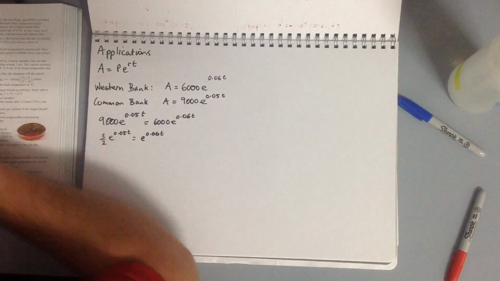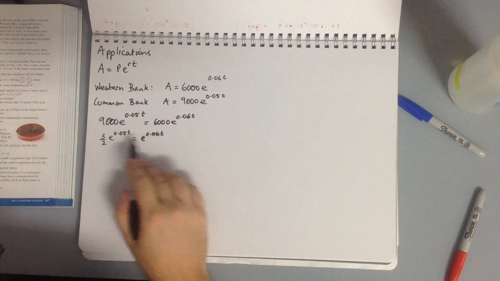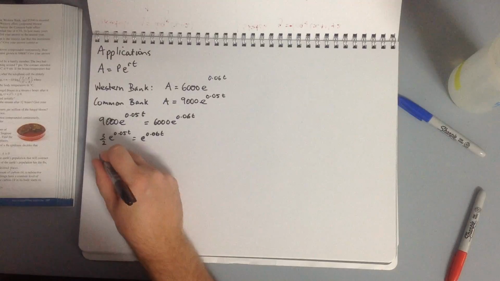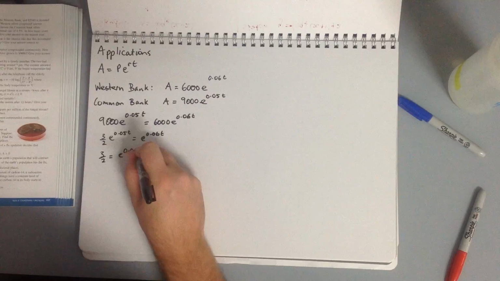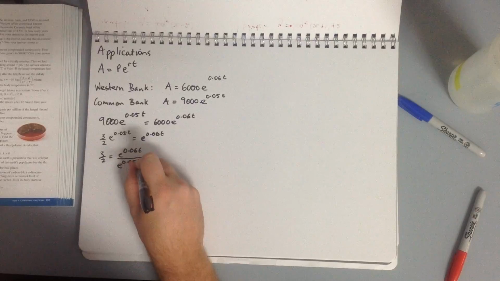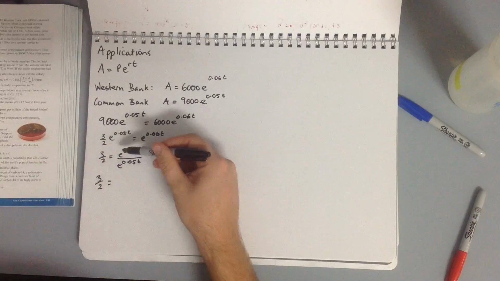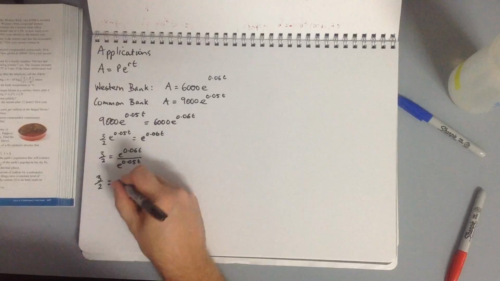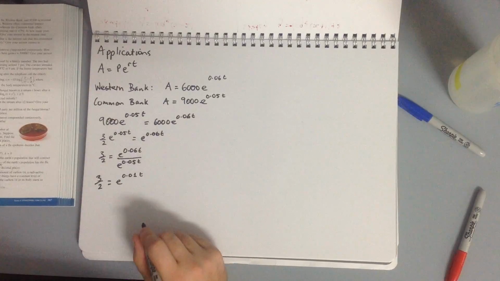What we can also do is divide by the e to the 0.05 t, so 3 on 2 equals e to the 0.06 t over e to the 0.05 t. Remembering our index laws, when we're dividing numbers with the same base, we subtract the indices, which means we're left with e to the 0.01 t.